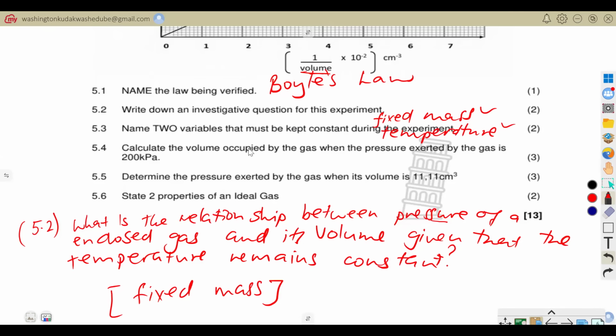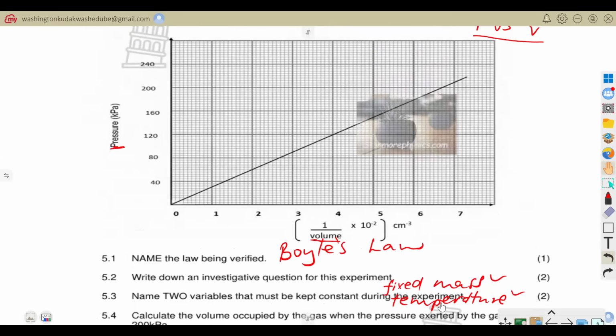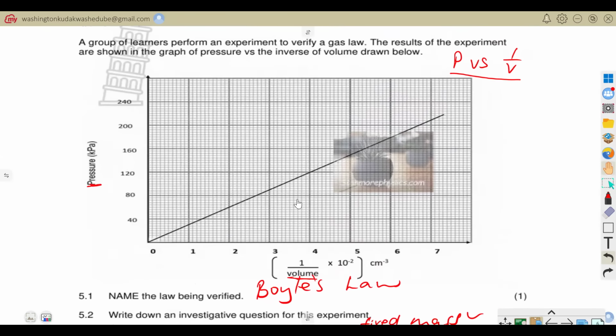Now calculate the volume occupied by the gas when the pressure exerted by the gas is 200 kilopascals. Here we are using the graph to determine that volume. The relationship is that pressure varies inversely proportional to volume, so pressure is equal to 1 over V. I have a pressure of 200 kilopascals, which is 200,000, equal to 1 over my volume.